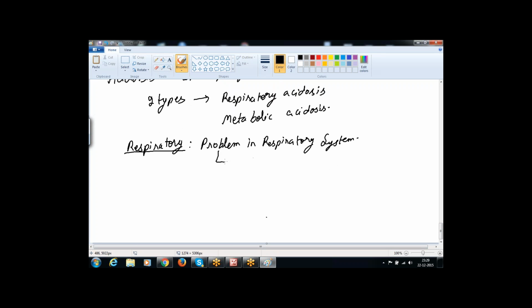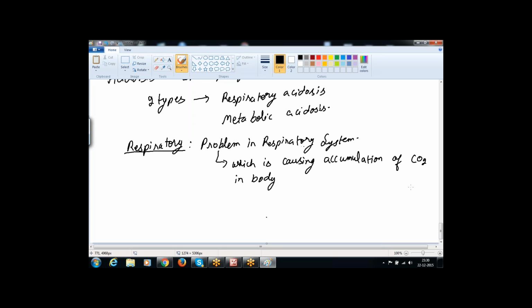A problem in the respiratory system is causing accumulation of carbon dioxide in the body. Due to some disease in the respiratory system, carbon dioxide is accumulating.